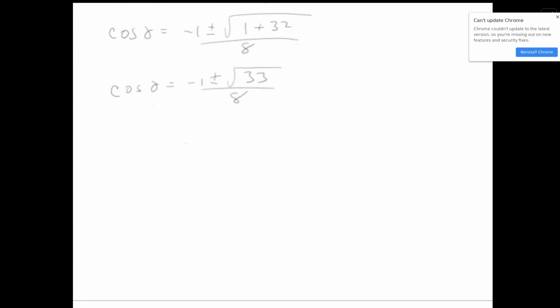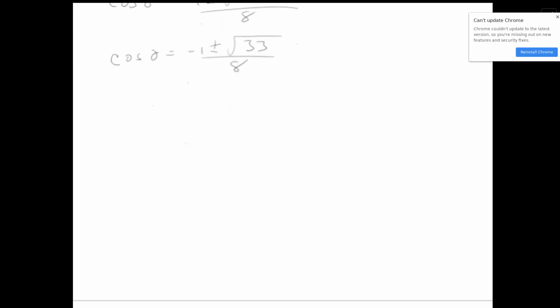All right, now the square root of 33 is a little less than 6. So negative 1 plus 6 over 8, that's certainly within the range of cosine. And negative 1 minus root 33 would be negative 1 minus a number less than 6 over 8. That's still within the range between negative 1 and 1.